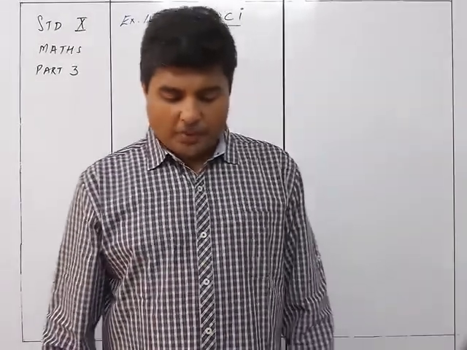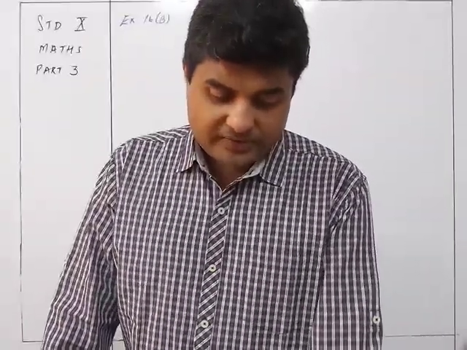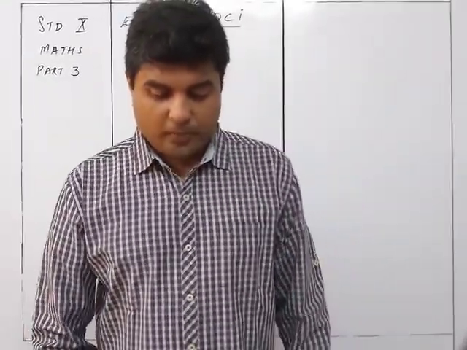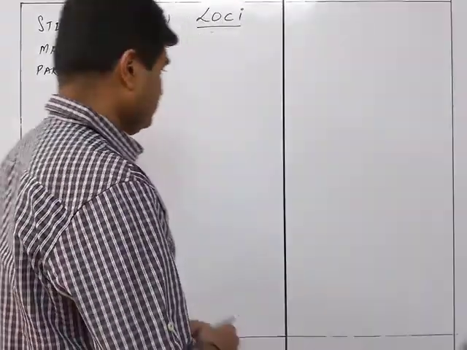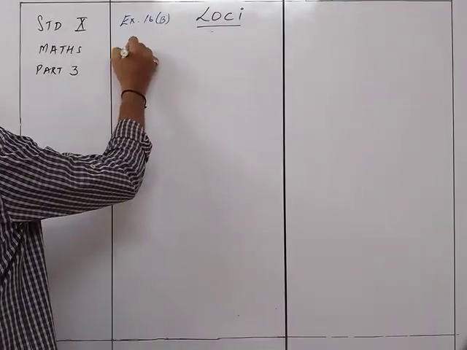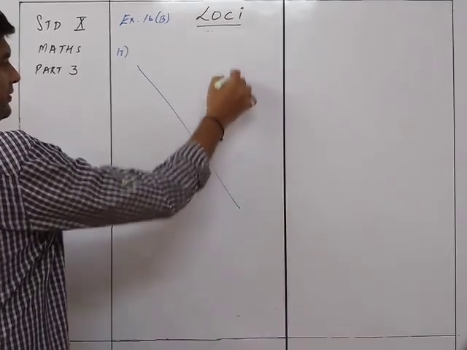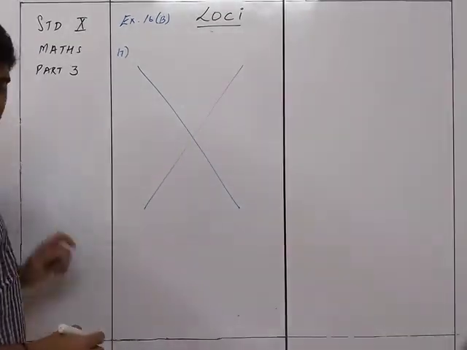In a given figure, obtain all the points equidistant from M and N and 2.5 centimeters from O. So that is the given line. So this is the given thing.